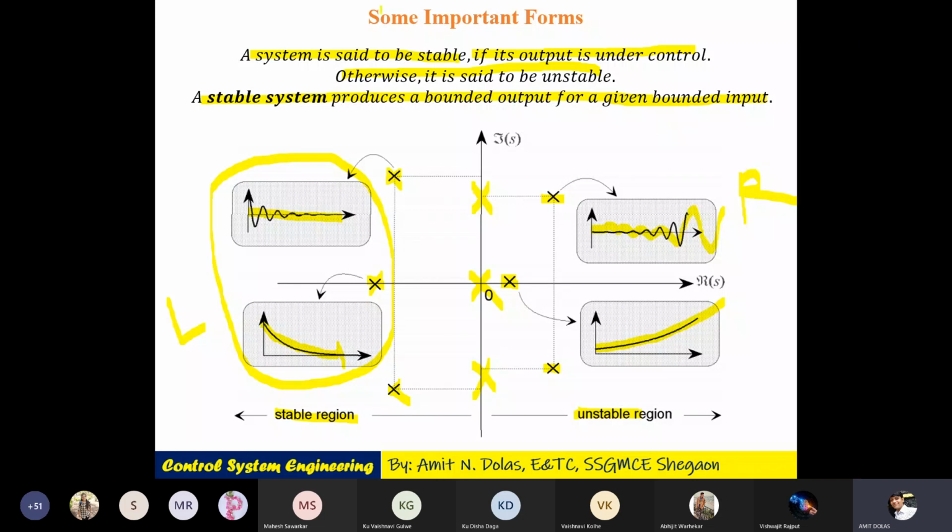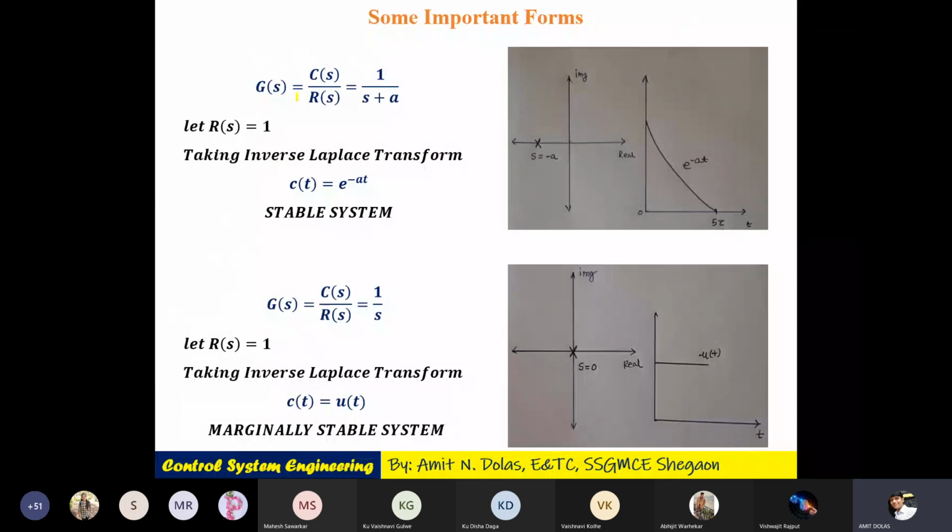So some important forms we'll see again here to understand the stability concept in more detail. Now you can see here there is a system G of S, transfer function C of S upon R of S is equal to 1 upon S plus A. This is a simple transfer function. Let R of S be equal to 1.